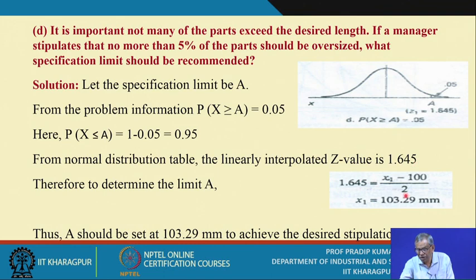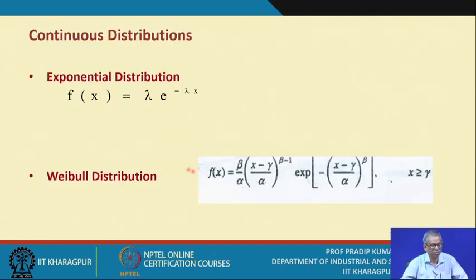So that you get, and you need to determine x1. So this is known, this is known, this is also given, and so what will be the corresponding value of x1. So this way you determine the value of x1, and we say that a should be set at 103.29 to achieve the desired stipulation. Is it okay?